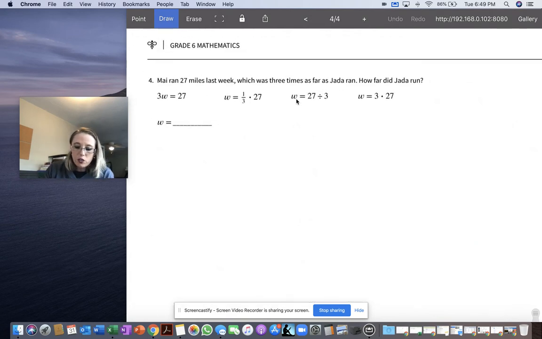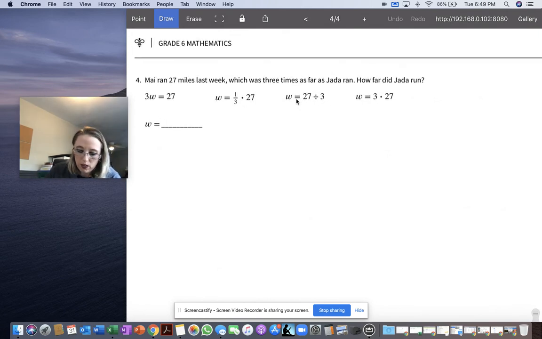So Mai ran 27 miles last week. So there's your total. 27 is your total. And as you're reading these kind of problems, this is how you're going to want to read them. Which was 3 times as far as Jada. So this tells you 3 times w. They're using the term w, totally fine, doesn't matter.